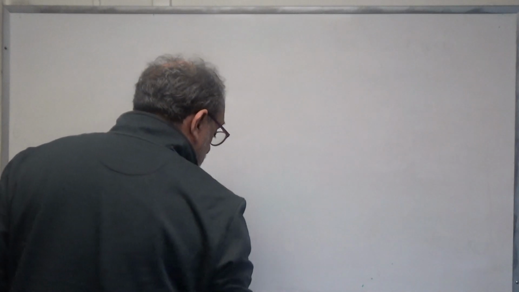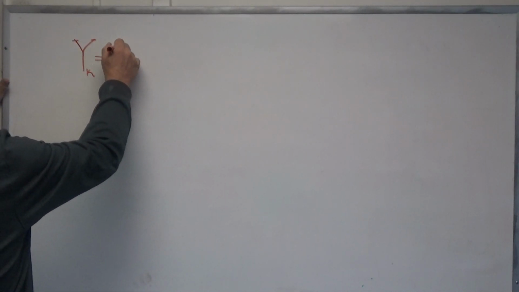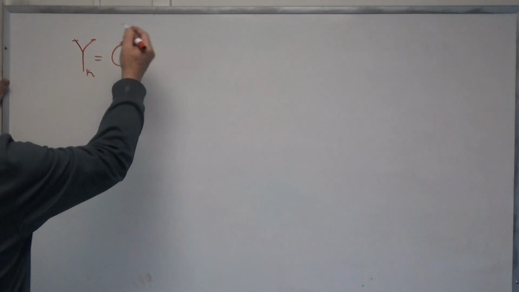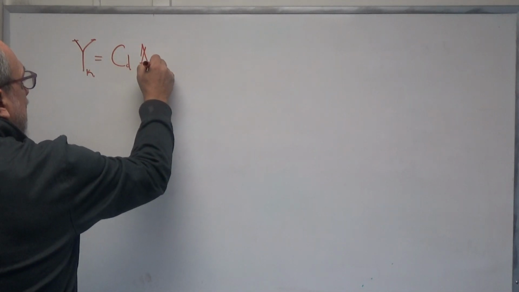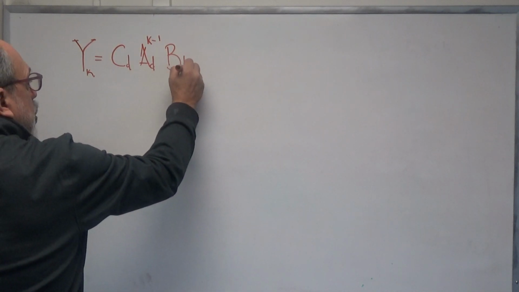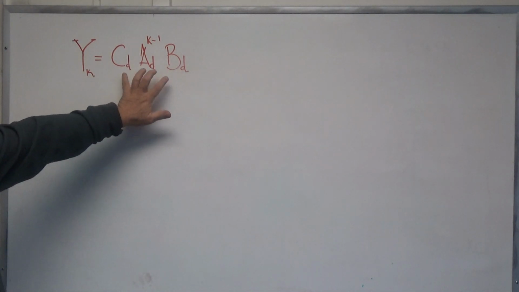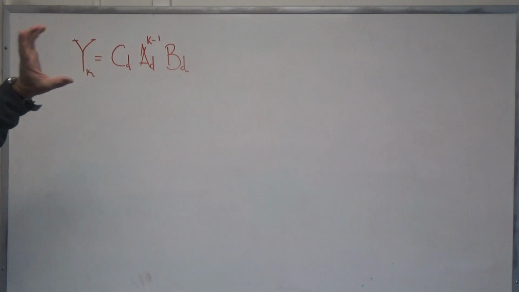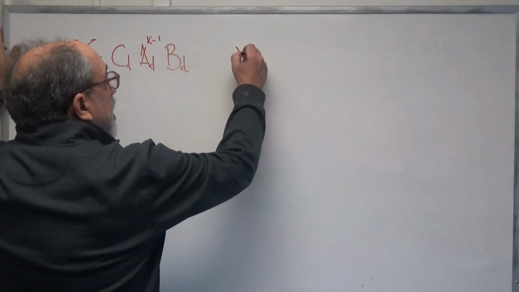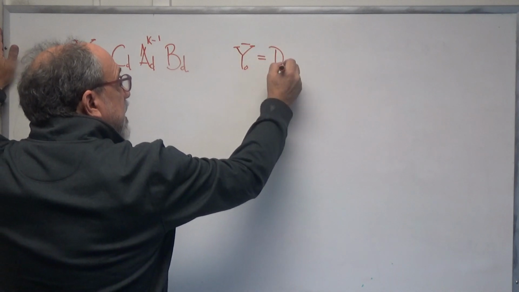Now, we know that the Markov parameters are given by the product. The Markov parameter K is given by the product C_D times A_D to the K minus 1 times B_D. Our objective is to untangle these matrices A, B, C. We already know D because the observer Markov parameter 0 is D, right?